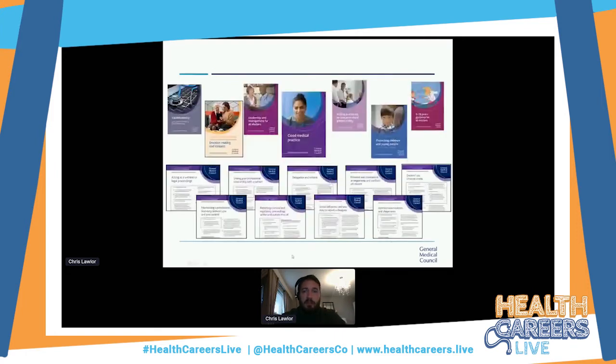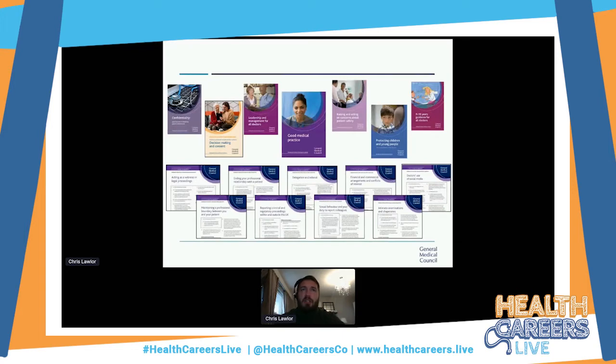So here is a selection of the guidance and standards that is available. You can see in the middle of the slide there, we've got Good Medical Practice, which is our key piece of guidance really, and that underpins all of the other guidance that we've got in place. At the top of this slide, you can see a selection of the detailed booklets that we have in place, covering some of the key areas.